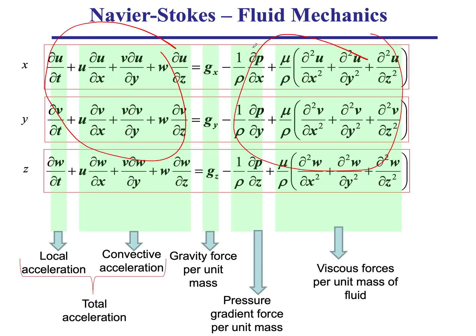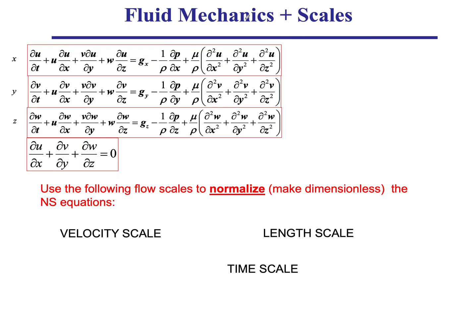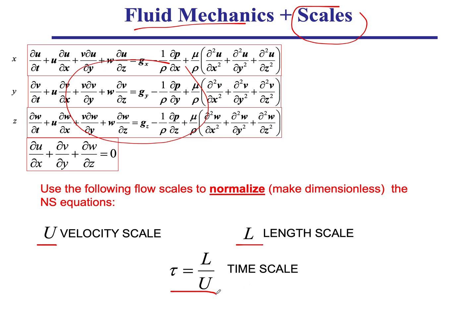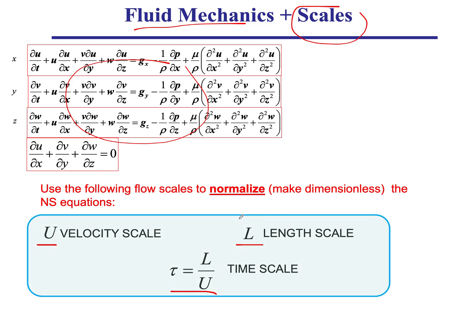So let's try and combine those two concepts together: the concept of fluid mechanics being the Navier-Stokes equation, and the scales being the velocity scale, length scale, as well as the time scale for the system. So somehow what I want to do is take those scales and feed them into the Navier-Stokes equation. So how to do this? I want to infuse them in there and fuse them together and see what that fusion gives me. So let's come up with a way of doing that.